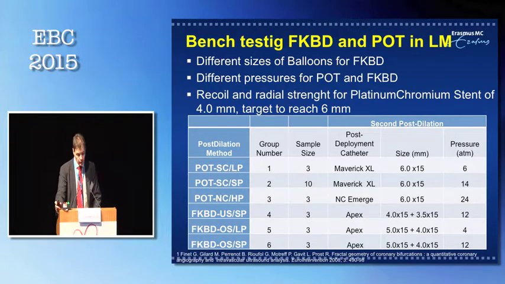These were the combinations we had. That's a POT with a semi-compliant balloon, the Maverick, at low pressure, 6 atmospheres. The next step was a series of stents with 14 atmospheres. And then we switched to a series with the NC balloons, the Emerge, at 24 atmospheres. You can see for the final kissing, we had 3 options.